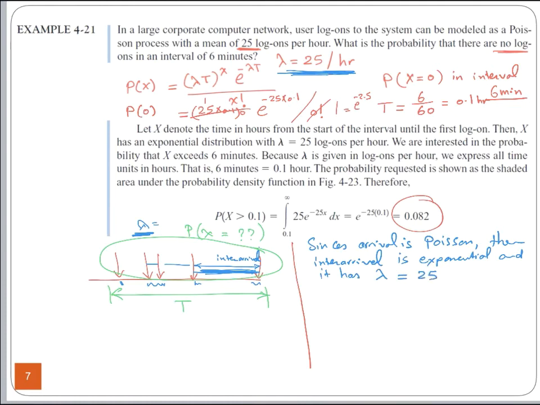So the same lambda that was used for the Poisson is the lambda that defines the exponential distribution.